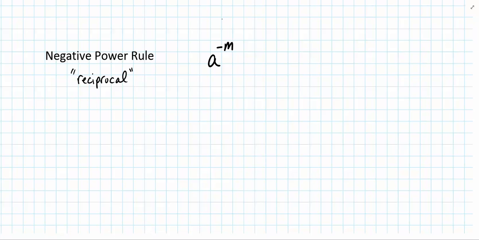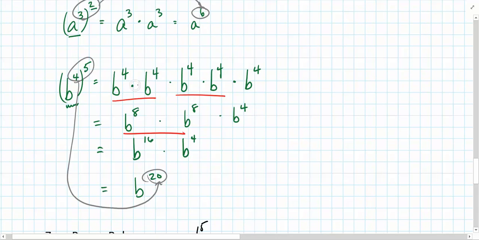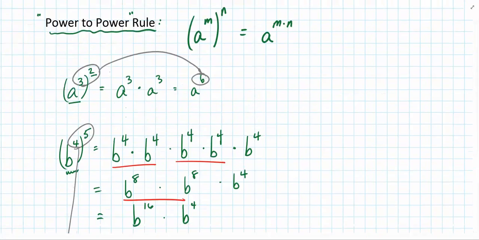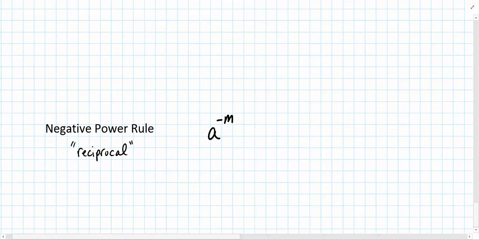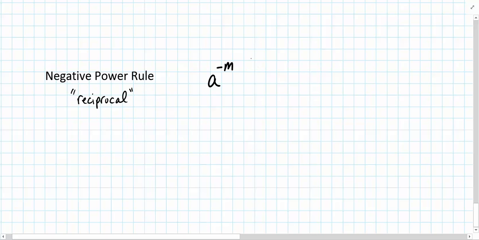As I mentioned a moment ago, all of our exponents up until now were positive integers. And up until now, the results of all of our positive integers were a series of multiplications. With a negative exponent, feel free to think about that as a series of divisions. So in other words, a to the negative m power is equal to 1 divided by a to the positive m power.